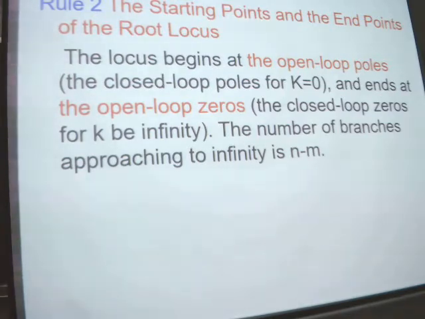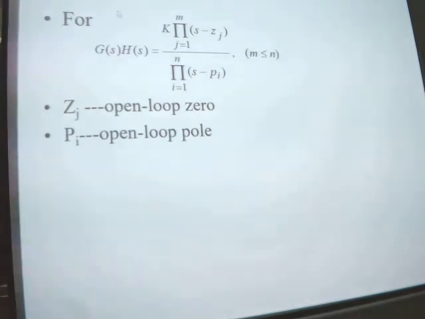This is the end point and the start point. The root locus starts at poles and ends at zeros. And we will do examples here. We can see here, Pi is poles and Zj is zeros.